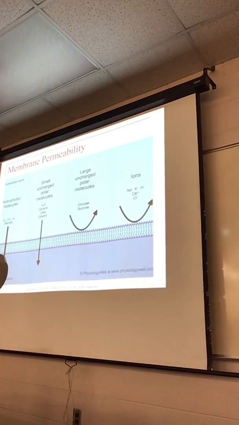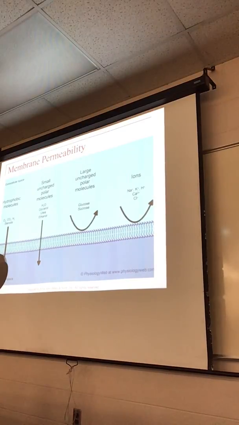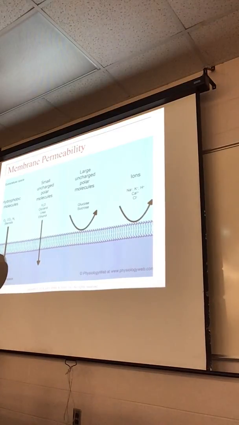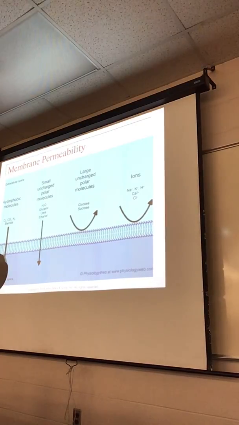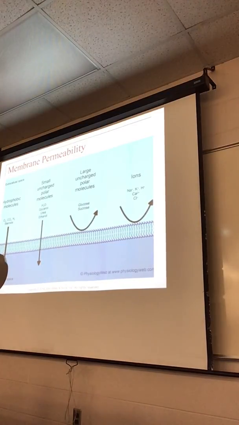So I had easy, hard, and not at all. Things that are hard to go through the membrane: small, uncharged polar molecules. So we said that things that come through very easily and fast are small and hydrophobic. Things that are hard are small and hydrophilic, or we'll call that small and polar. So notice if it's going to squeeze between phospholipids at all, they have to be micromolecules instead of macro.